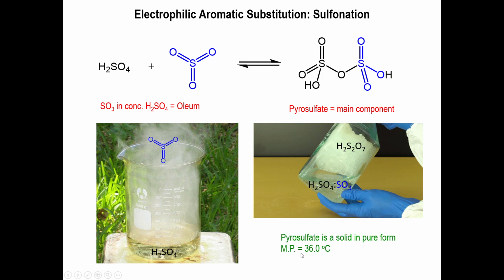The pyrosulfate, just for your information, melts at 36 degrees. So it's not a very robust solid in terms of the amount of heat it can take before it melts. But in your typical chemistry laboratory, where the temperatures are usually kept cool on purpose to prevent the volatilization of many compounds, this will probably be a solid.